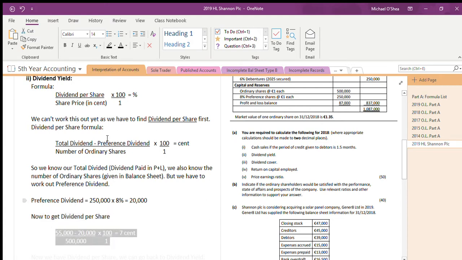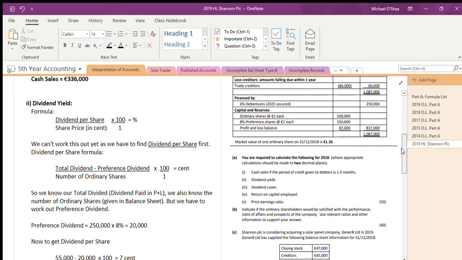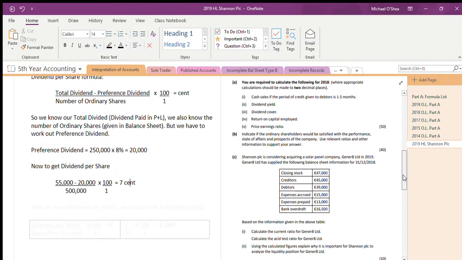Once I plugged all that in, I found out it's 7 cent. Again, this is in cent. So I found my dividend per share. Why did I need to find that? Because I needed it to divide by share price, multiplied by 100 over 1, so that I have my dividend yield. So finally now I can finish this.